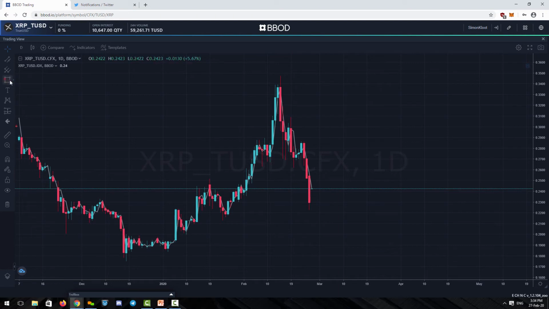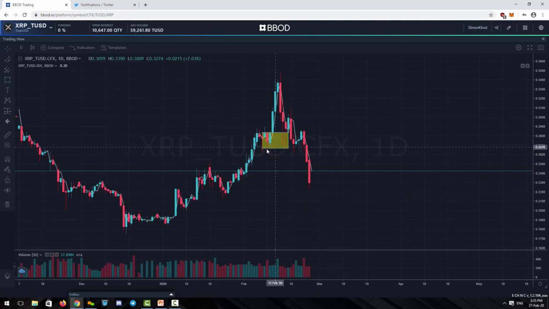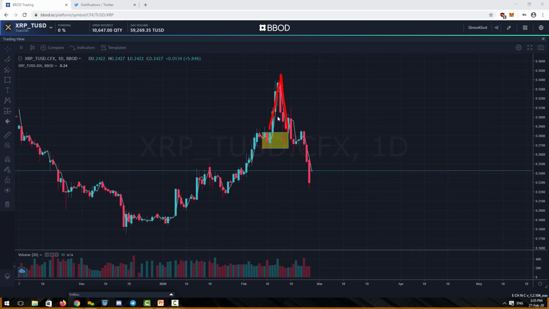So this is what I was talking about with V returns. You've got your demand zone down here. So here it's drawn at the bottom of the wicks on this side. That's where your stop loss would have gone, and you've got the fast move up. But you can see the problem here. The problem is we've got this V return again, and V returns are more likely to break through.